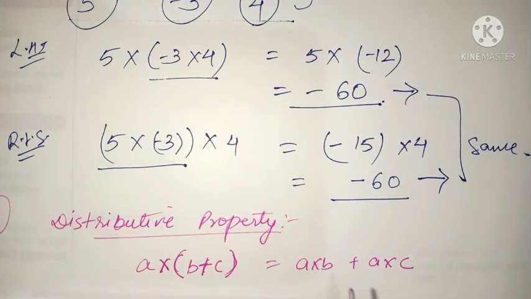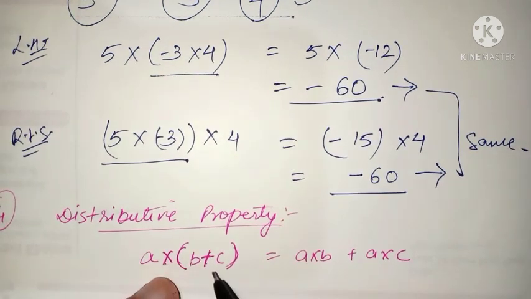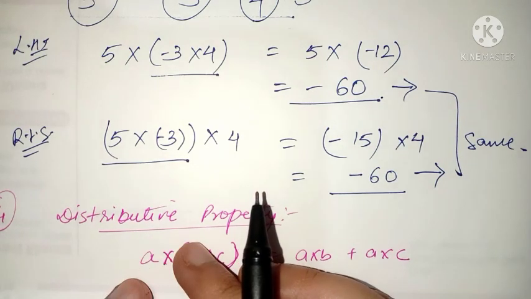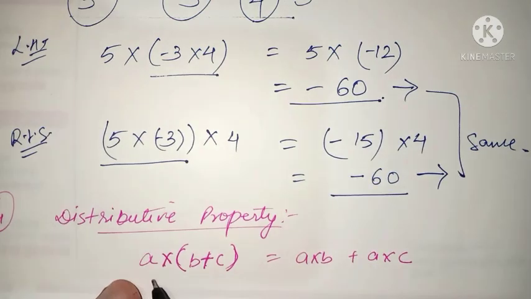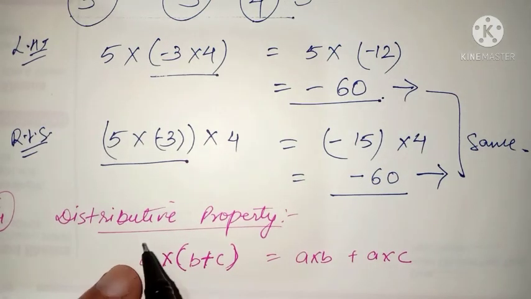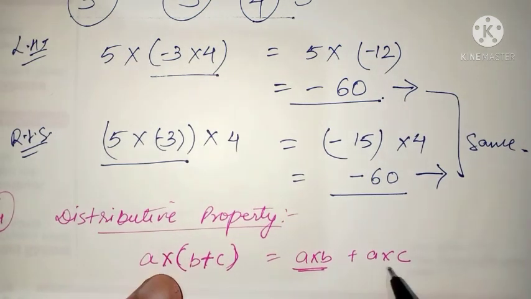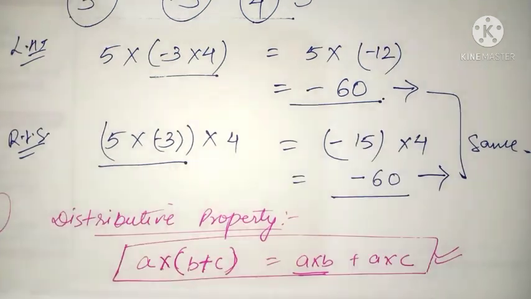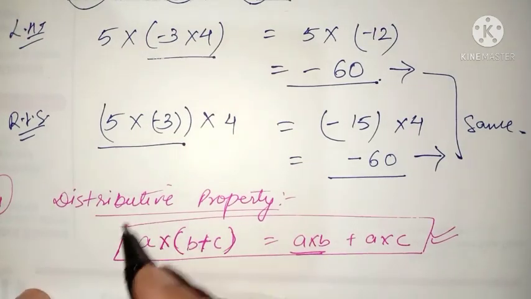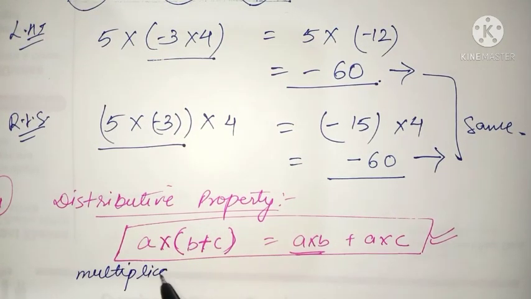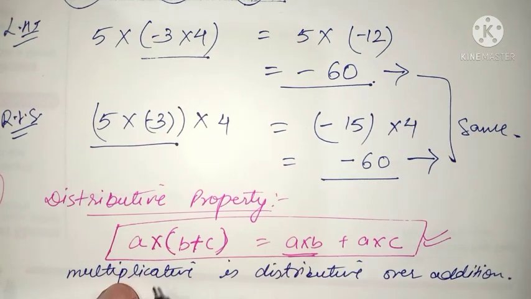It doesn't matter if we add the integers kept inside the bracket and then multiply with this exterior number, or we first distribute this number over the first number and then the second number, and then add. On satisfying this property we say that multiplication is distributive over addition. Try it yourself.